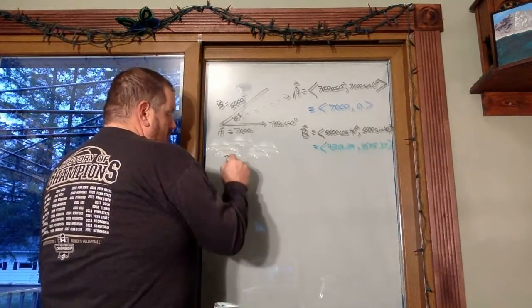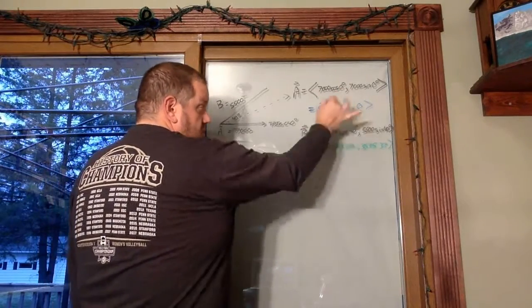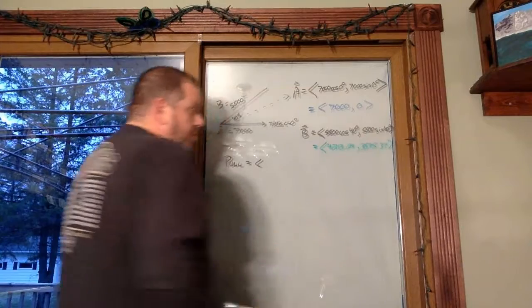So the pull, we'll call it, is going to be these two added together, blue plus green.